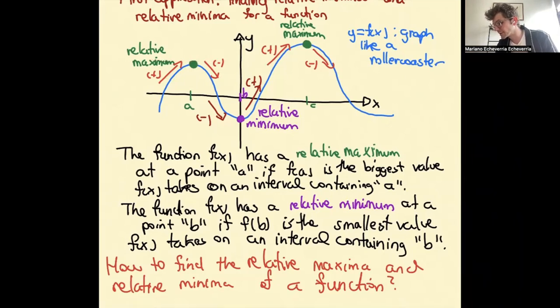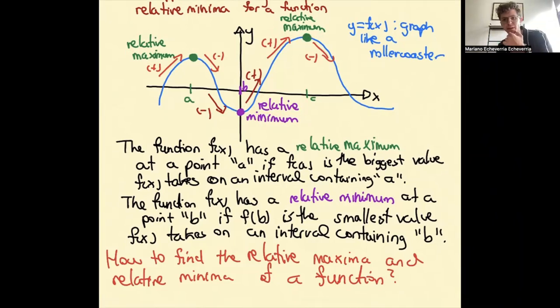If you're going from positive to negative, you would expect it to be zero at some point, which should be the maximum. And going from negative to positive shouldn't happen unless it became zero at a point. So what these two things have in common, max or min, is that their first derivative should be zero at the max or at the min.